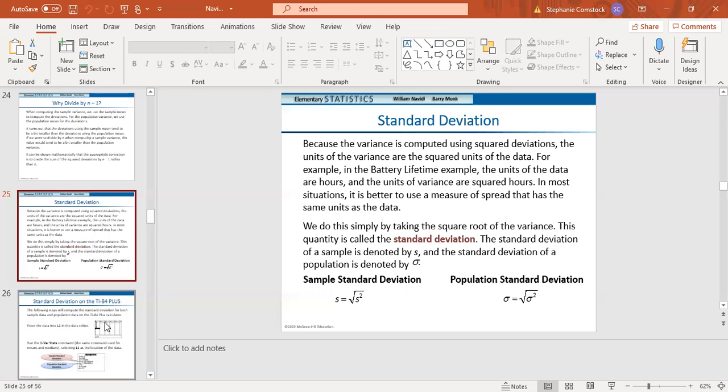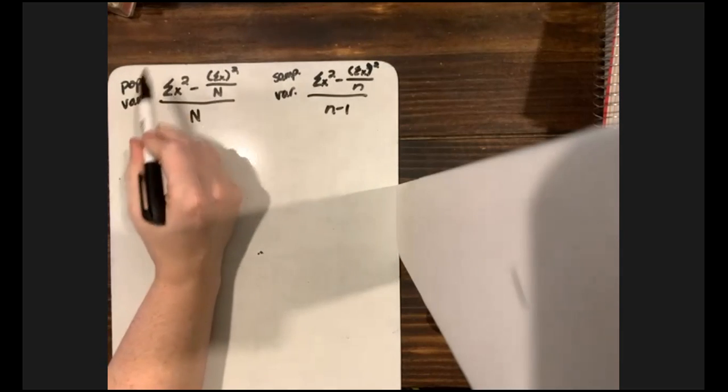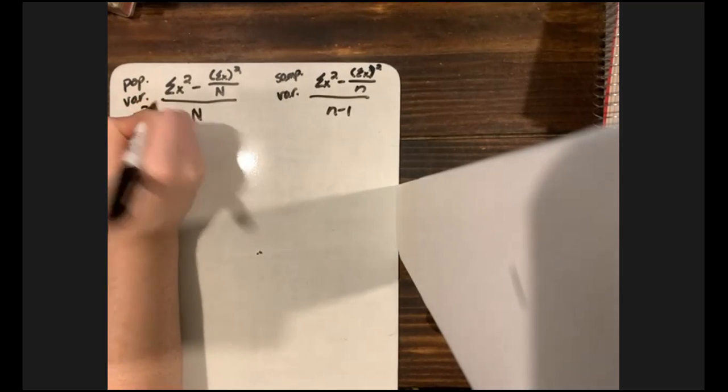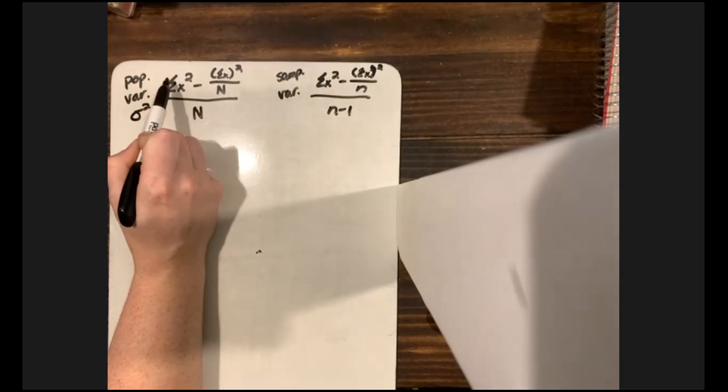So let's take a look at one of our lovely example problems. We're going to look at number 1 here in our worksheet. This is what I was talking about with the formula. For population, which is the sigma squared one, we take the x's and square them and then total that up.